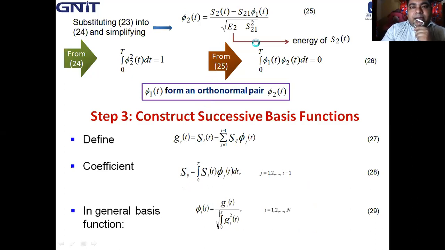So E2 minus S21 square. So already we say that the integral of phi 2 square dt is 1.